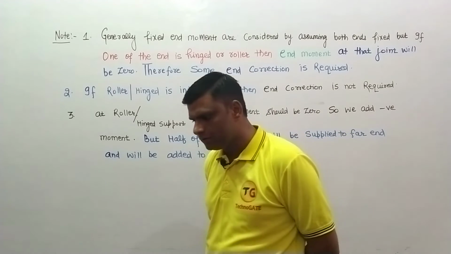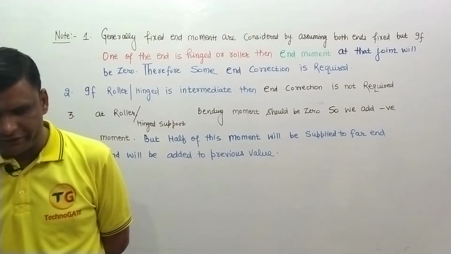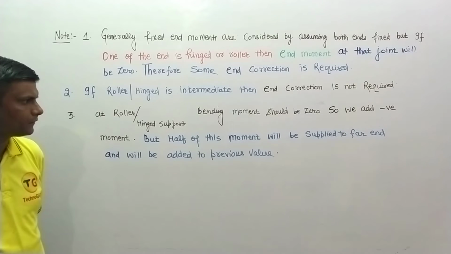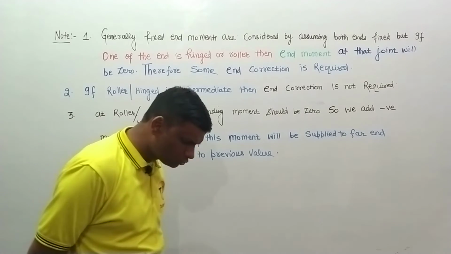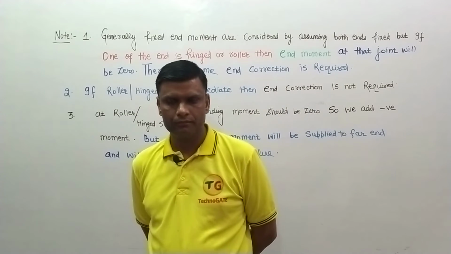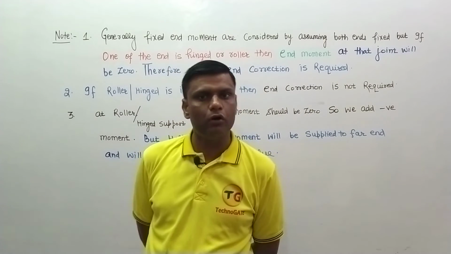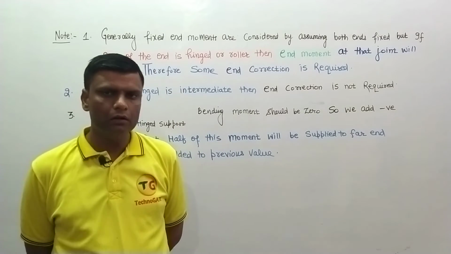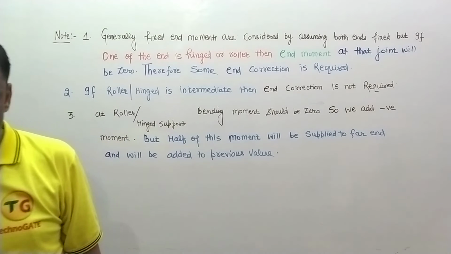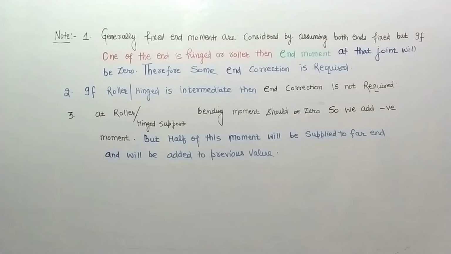Half of this moment is distributed to the far end and added to the previous value to start the cycles. Now let's apply all the steps to a numerical, only then your concepts will be clear. Please note it down very fast. After that we will start the questions of the moment distribution method.